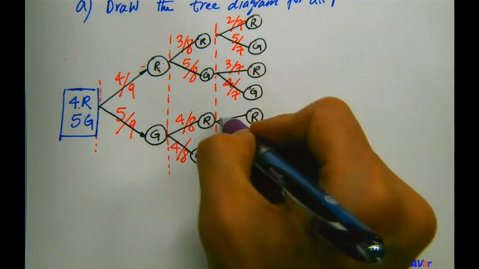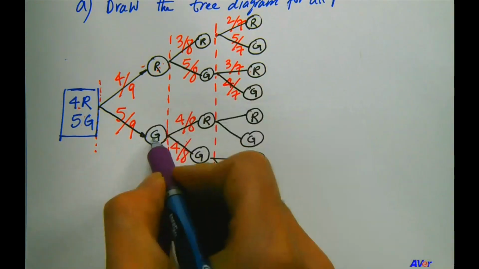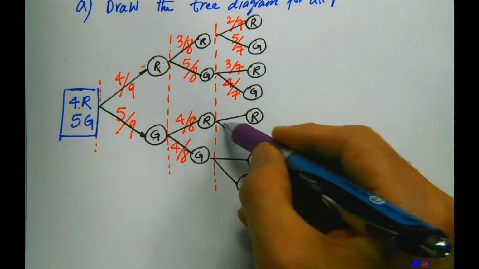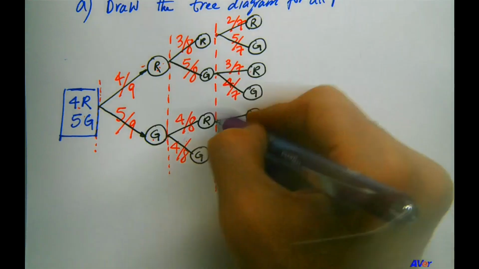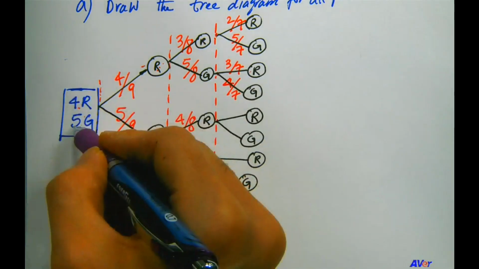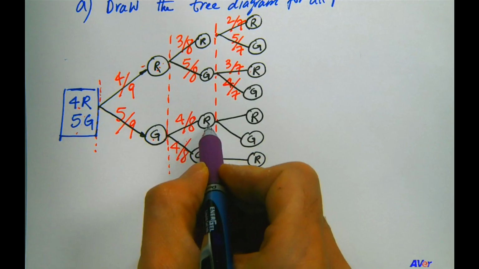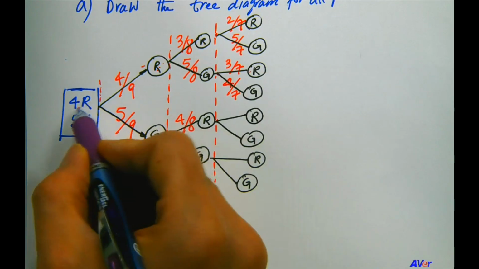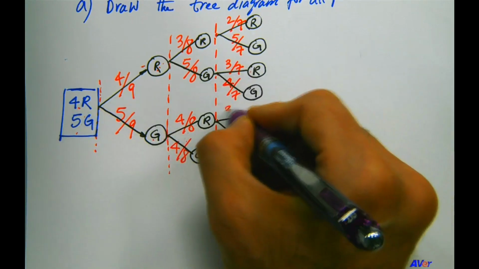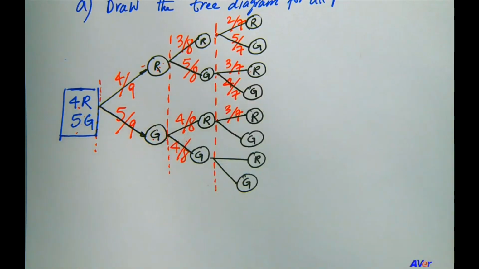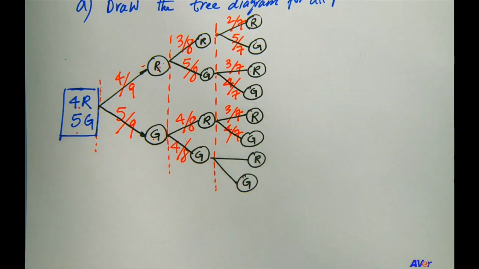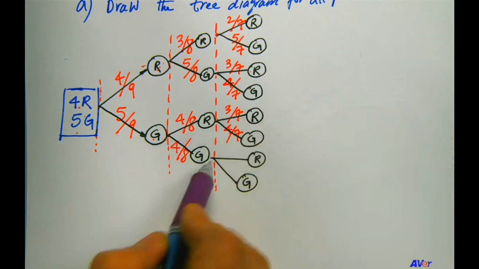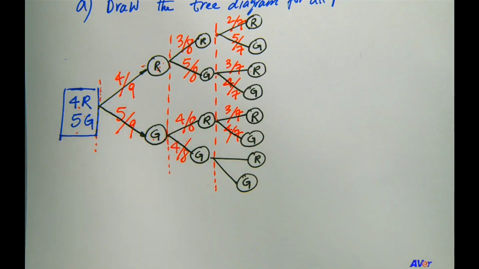Now, if we're here, that means a green and a red object are already out of 9. So at this point, we have 7 objects still left. Out of the 7 objects, because 1 red is already out, we are left with 3 out of 7 for red, and then 4 out of 7 to get a green one out. And finally, if we're here, that means 2 green objects are out of 5.